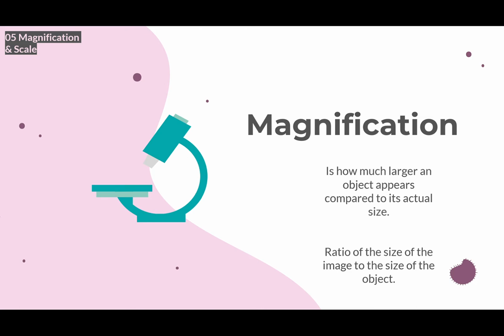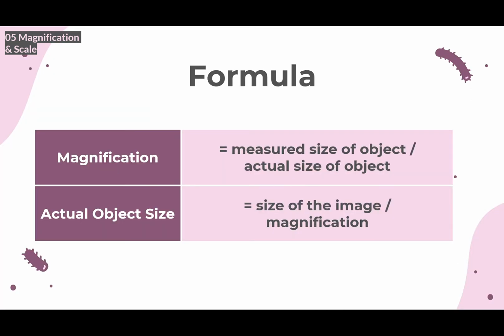Magnification basically means how much larger an object appears compared to its actual size, and it's the ratio of the size of the image to the size of the object. Here we have the two formulas used in scientific work. For the magnification, you take the measured size of the image and divide it by the actual size of the object, whereas for the actual object size, you use the size of the image divided by the magnification.